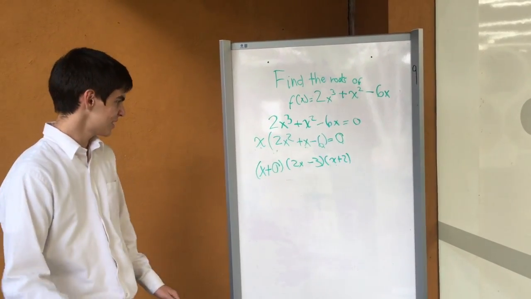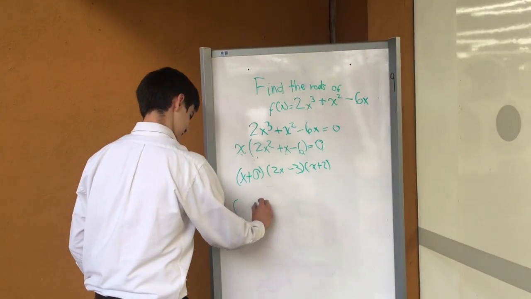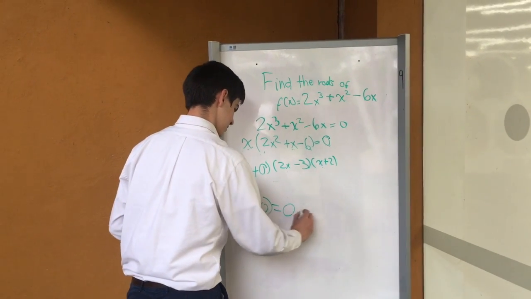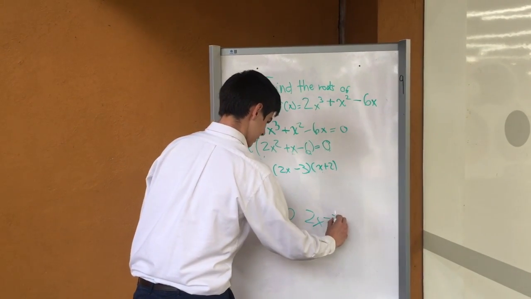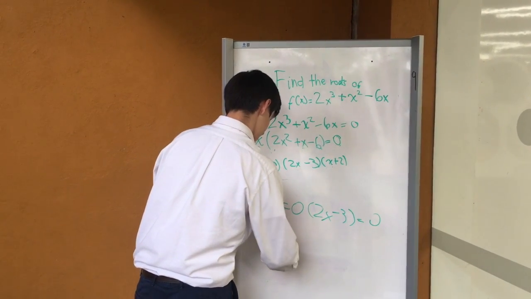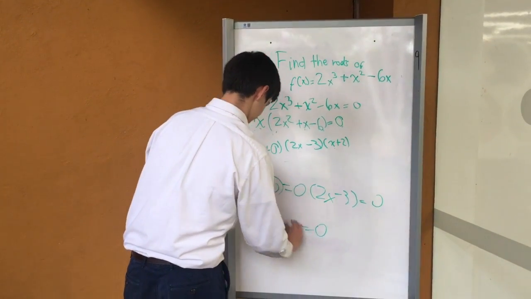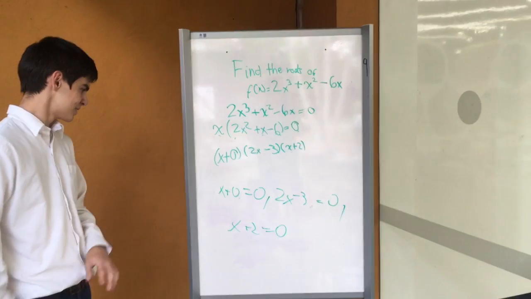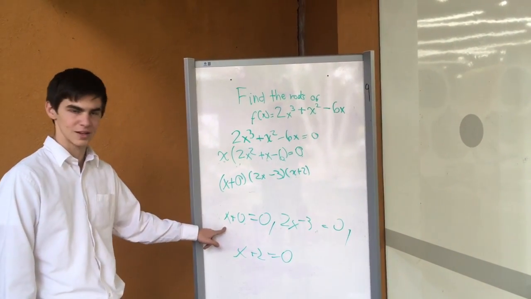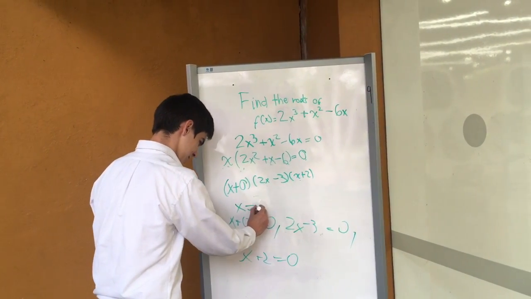Now after this, you have to separate them and equalize them to 0. So after this, you have to get the x alone. So 0 minus 0 is equal to 0.